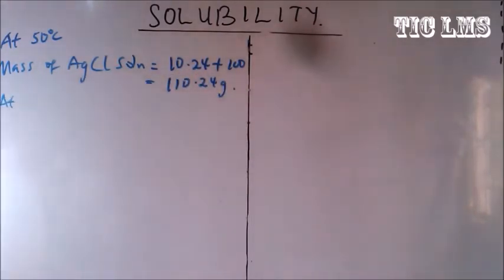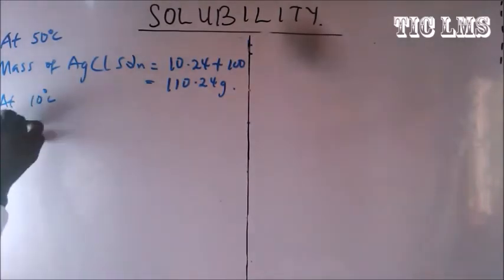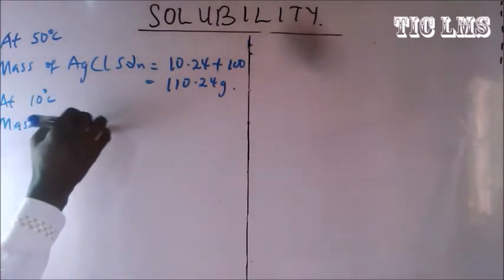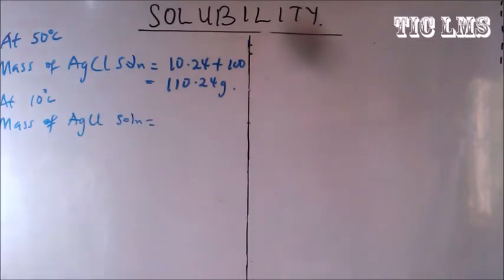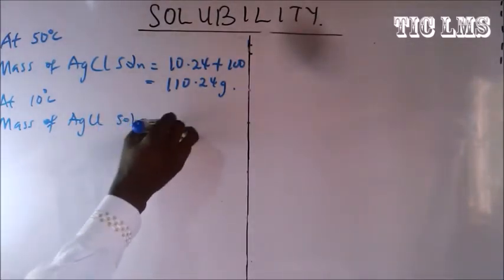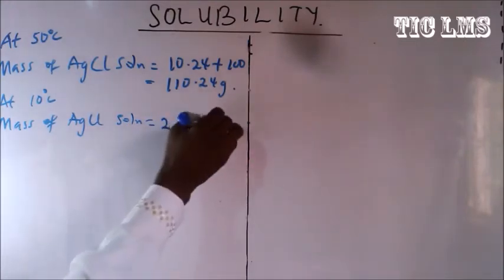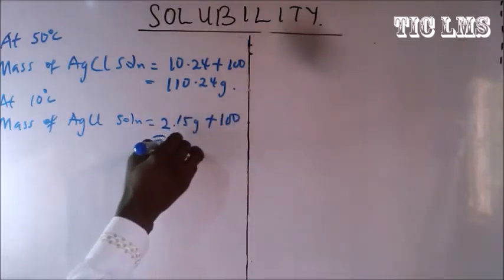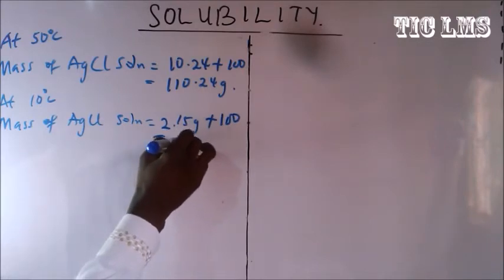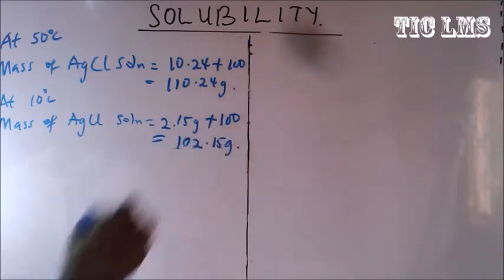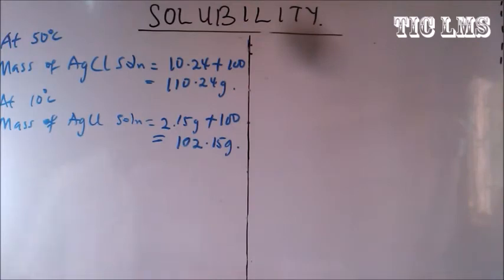Next, at 10 degrees Celsius, mass of silver chloride solution equals the mass of the salt, which is 2.15 gram, plus mass of the solvent, and that is 102.15 gram.